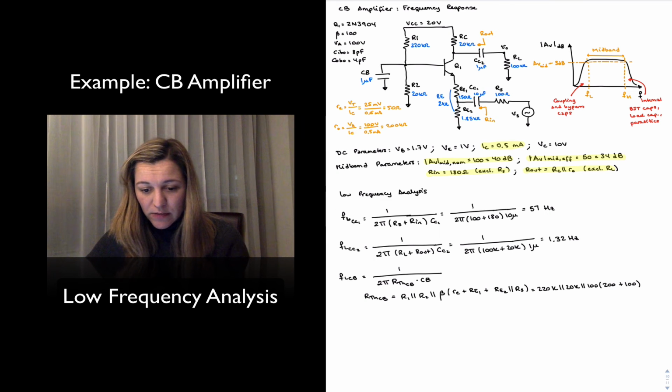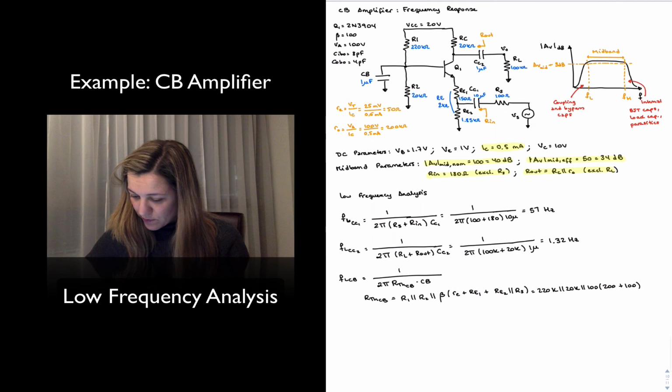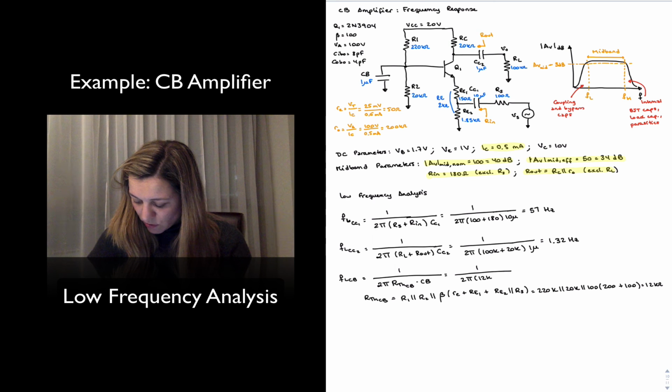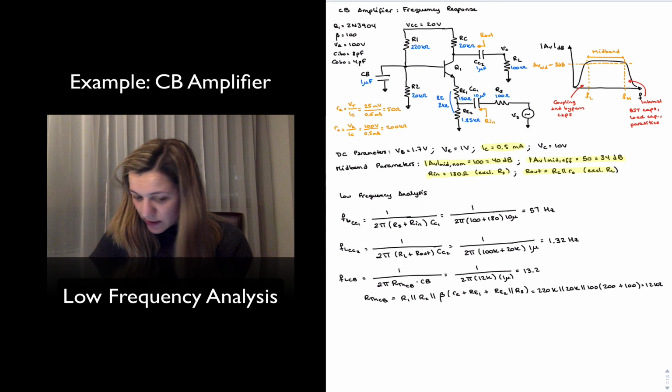And this resistance gives me approximately 12K. So now I can enter it into my equation, 1 over 2 pi, 12K times CB, which is 1 micro. And my cutoff frequency is 13.26 hertz.